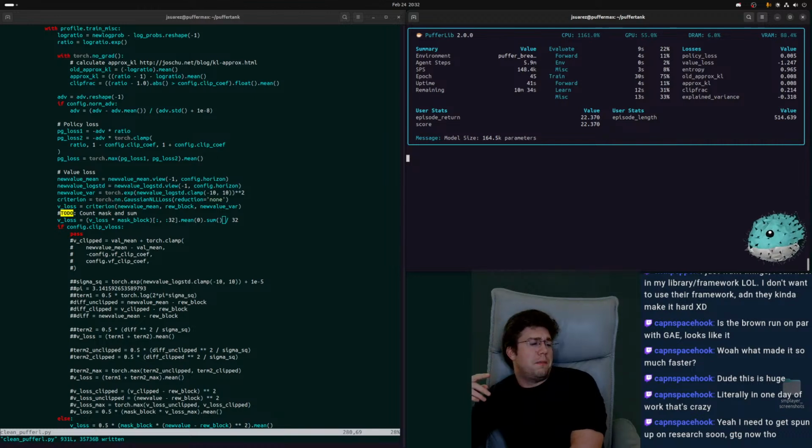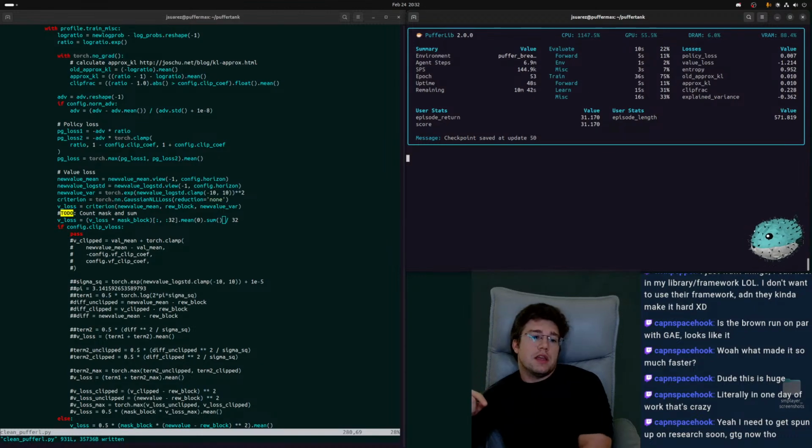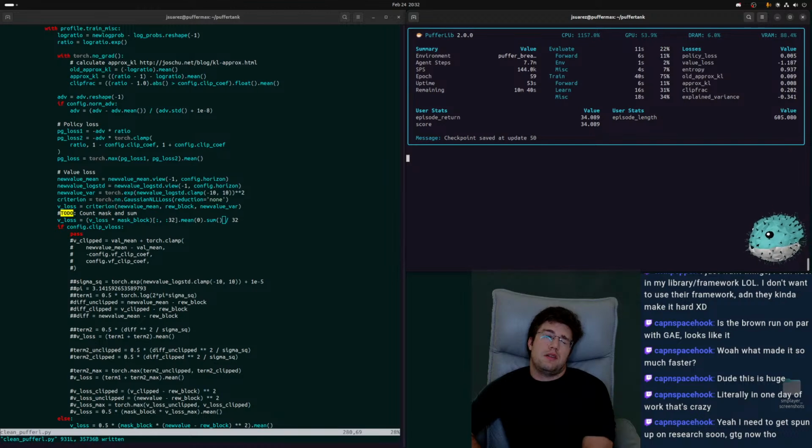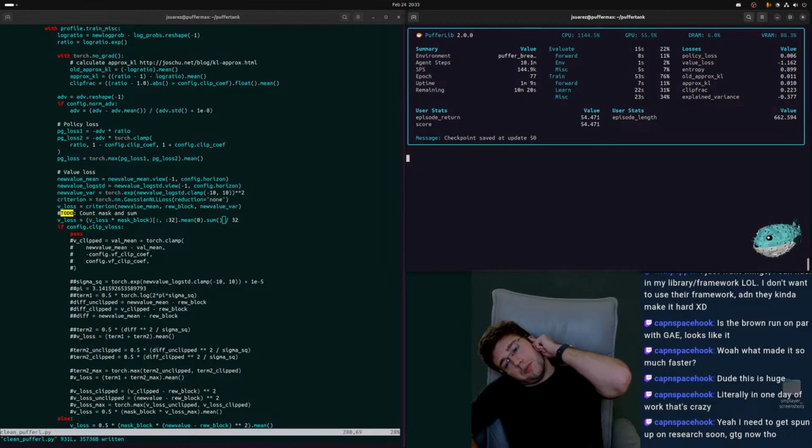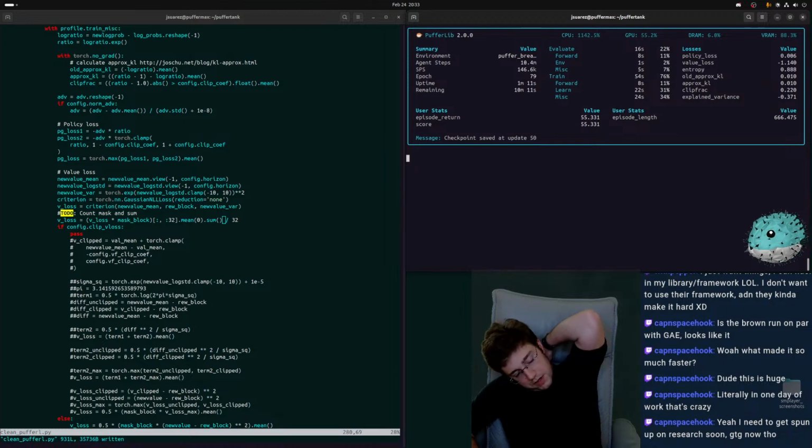Oh, you know what? Could that have been it? If I took the mean over the loss? It could literally be a scaling issue, right? Let's see what this does before we make any conclusion on that, but it could literally be a scaling issue.